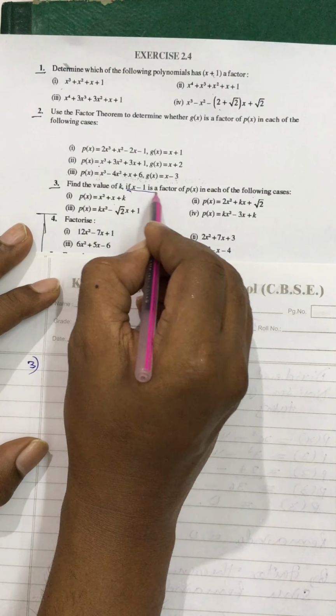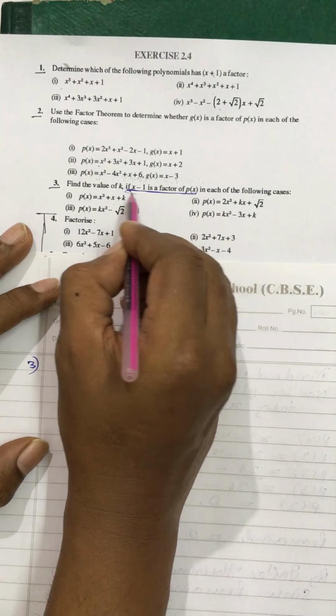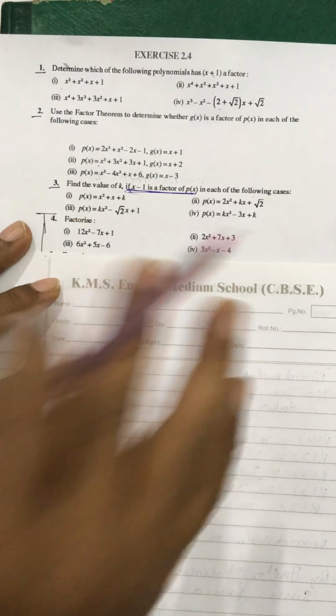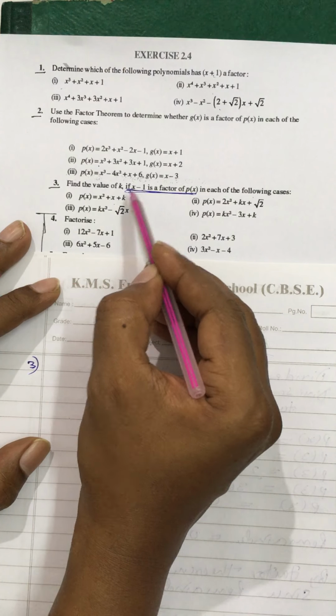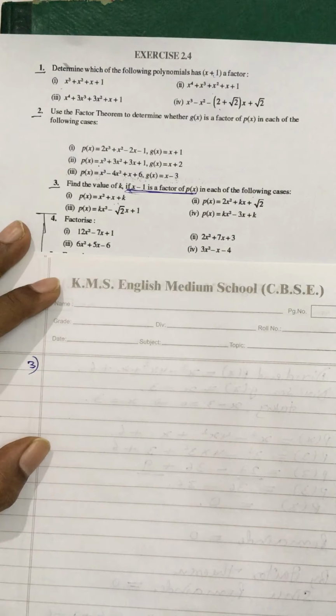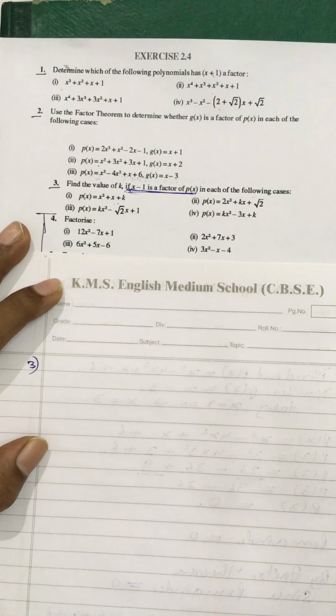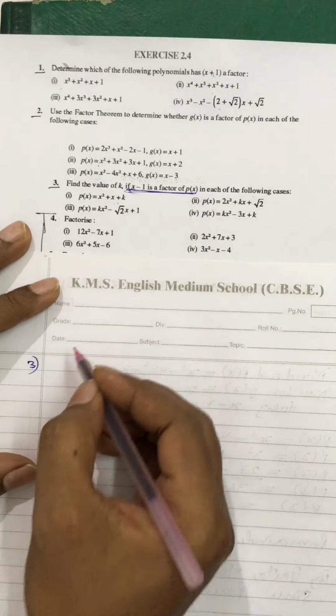See in this question what is happening, x minus 1 is a factor of p of x. Is a factor means when you will substitute x minus 1 here, you are going to get 0. Definitely it is going to be a 0.